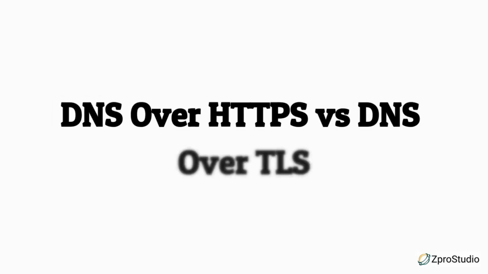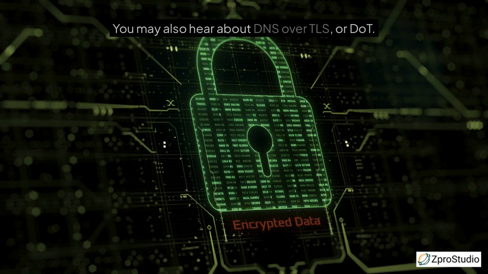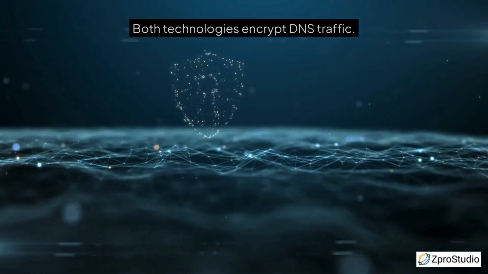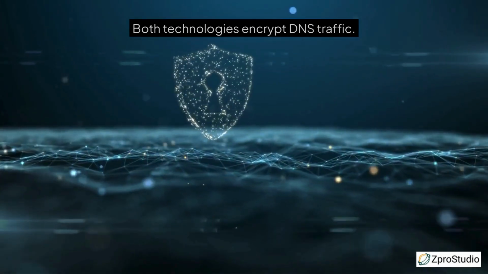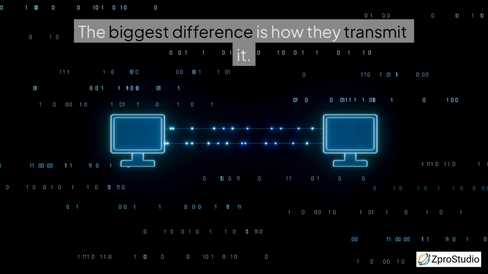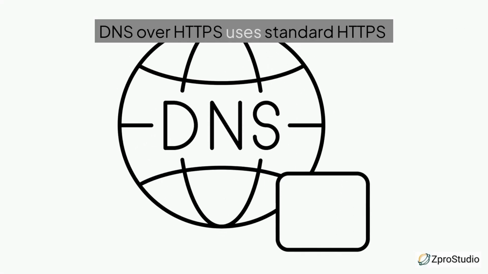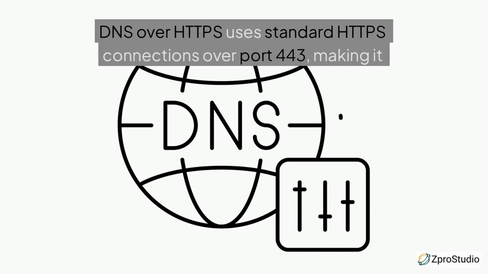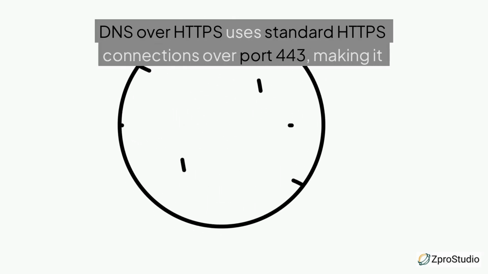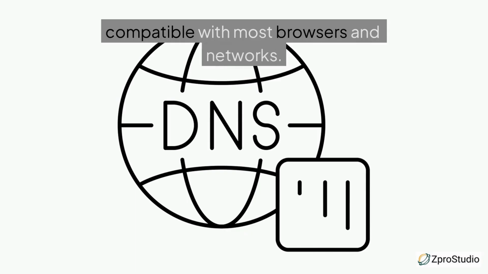DNS over HTTPS versus DNS over TLS. You may also hear about DNS over TLS or DoT. Both technologies encrypt DNS traffic. The biggest difference is how they transmit it. DNS over HTTPS uses standard HTTPS connections over port 4443, making it compatible with most browsers and networks.